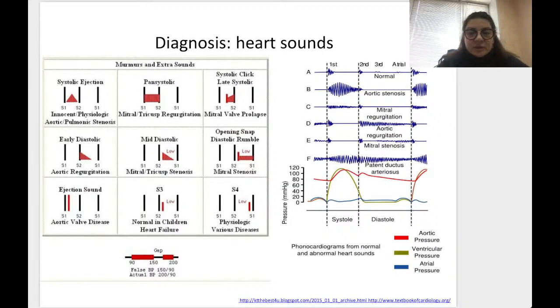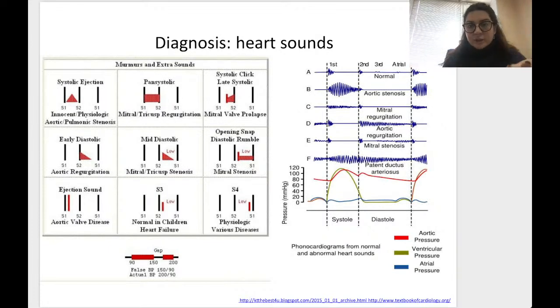Auscultatory, what can we hear? We can hear different murmurs and extra sounds. The most typical are murmurs, systolic or diastolic, according to the cause and according to whether some valve problems are present, like stenosis and regurgitations of the valves.